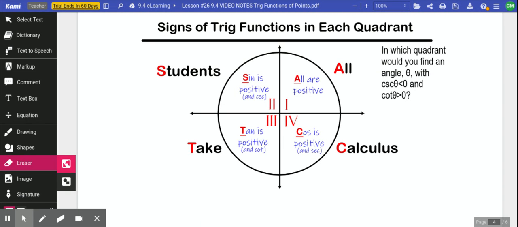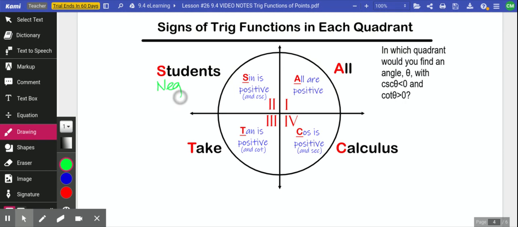So in quadrant 1, all are positive. In quadrant 2, S for students, also S for sine. Sine is positive. So if sine is positive, then cosecant is also positive because they're flipped, but cosine is negative.